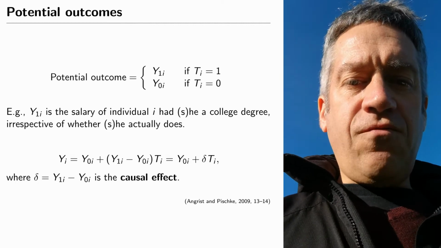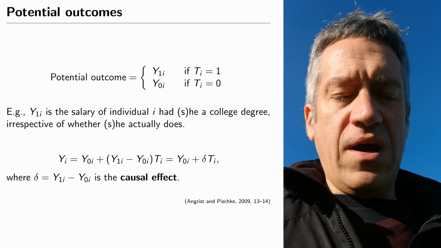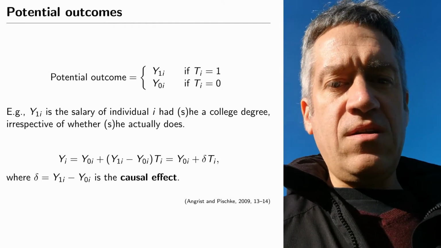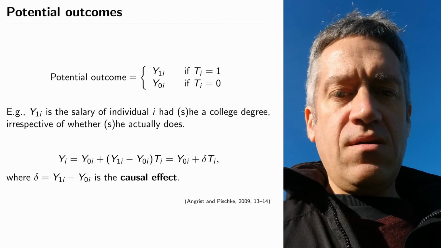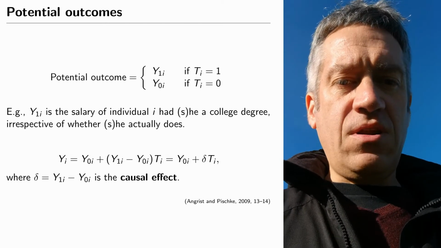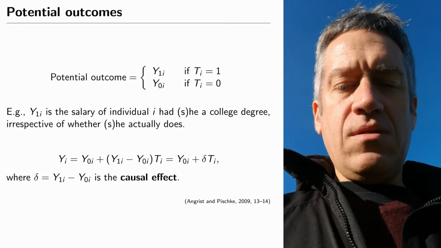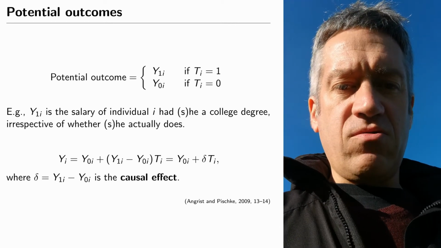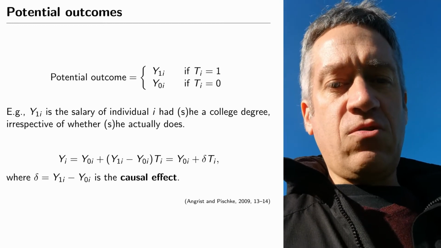And then we can define the causal effect of the treatment on y as the difference between y1i and y0i. So the difference in those two potential outcomes for a particular individual, depending on the treatment being 1 or 0, that is the treatment effect, the causal effect.